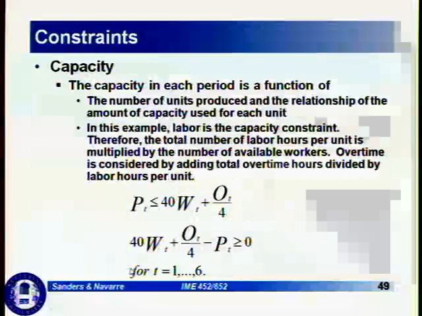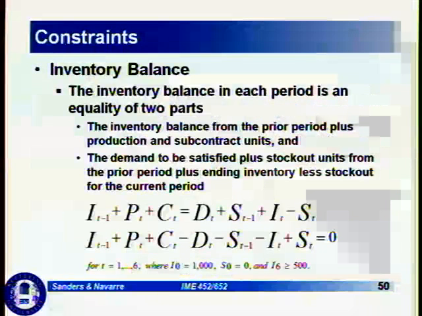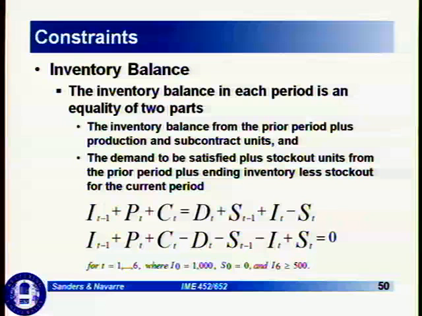Okay, so that was capacity. Next we're going to calculate our inventory balance. The inventory balance for each period is an equality of two parts. It's the inventory balance from the prior period plus production and subcontract units. That's the inventory balance from the prior period plus production in the current period plus the units we purchase on the outside.